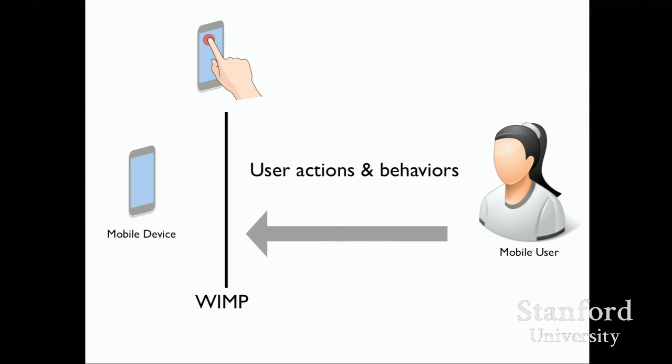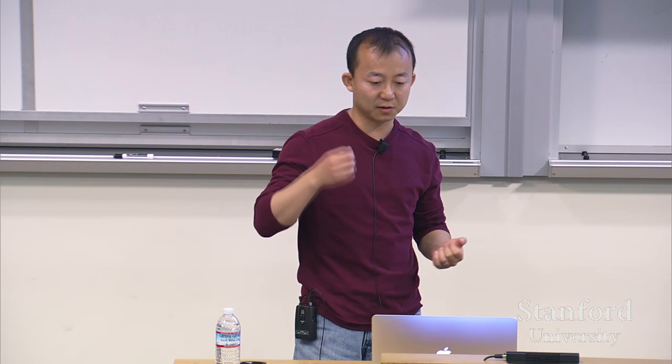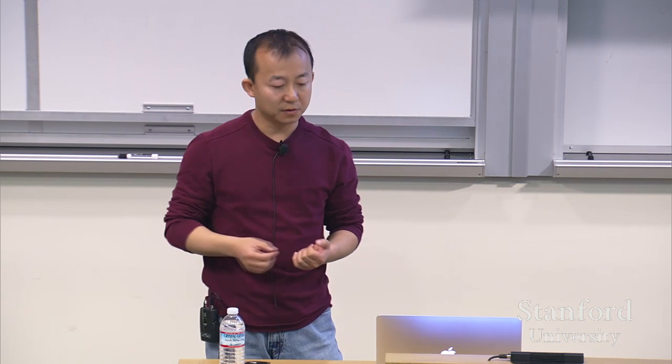So fundamentally, traditional user interfaces rely on the 2D coordinate of the final touch point and the target being acquired. This paradigm is intuitive, but it essentially ignores the rich semantics of user actions and behaviors.